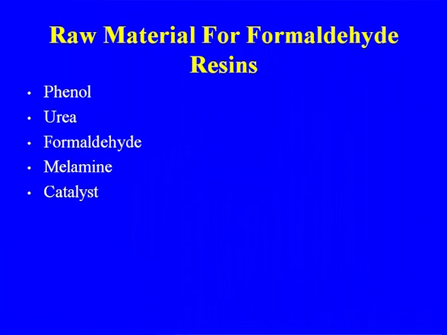Melamine, which we use for melamine formaldehyde, is also a product of some fertilizer plants, and one of the plants making melamine is the Gujarat State Fertilizer Complex. So, these are the major raw materials: phenol, urea, formaldehyde and melamine from the urea that we normally make in the fertilizer plants.